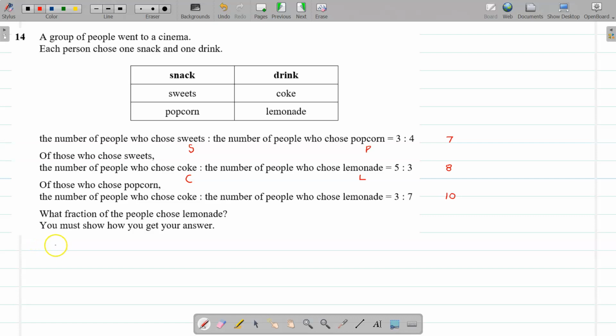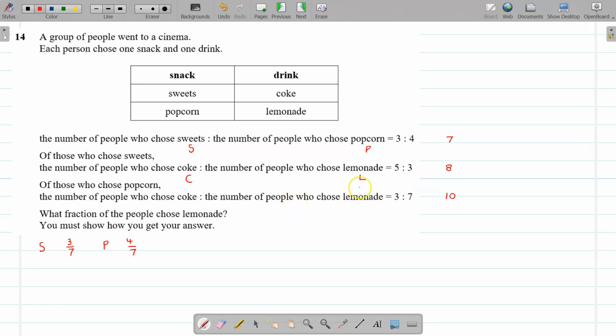Okay, so what we know is that if you started at the beginning of this, then the sweets represent 3/7 of the people. Okay, so I'm just going to put 3/7 there, and popcorn is 4/7. Okay, so what I'm now going to do is notice that those who choose sweets, okay, the ratio of Coke to lemonade is 5-3.